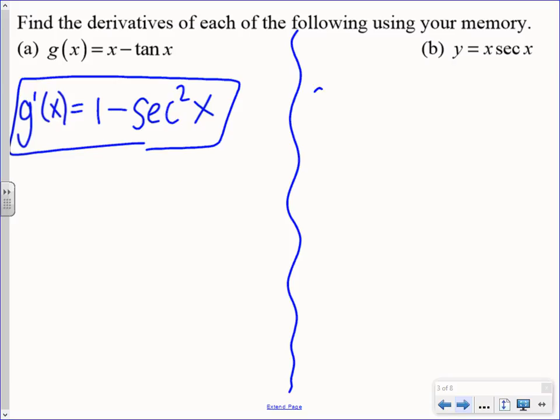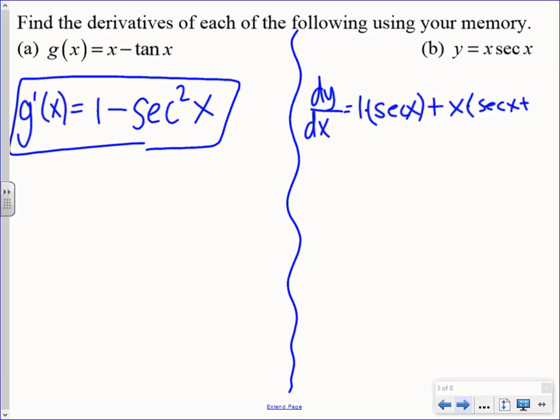How about part B? dy dx. What do we have? x secant x. We have a product, which means we have to use the product rule. Okay? So, derivative of the first times the second plus the first times the derivative of the second.